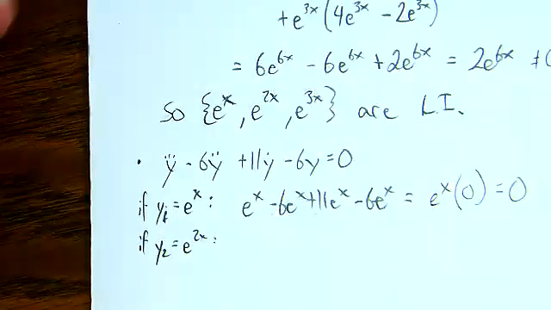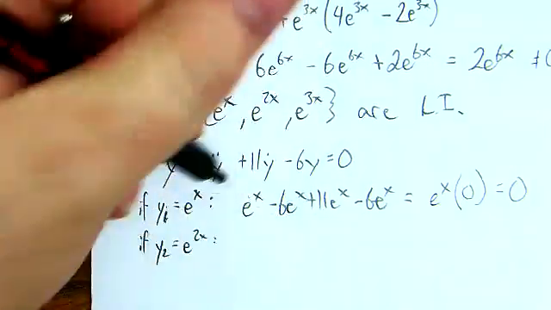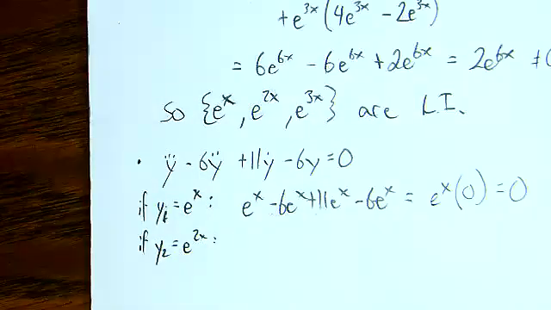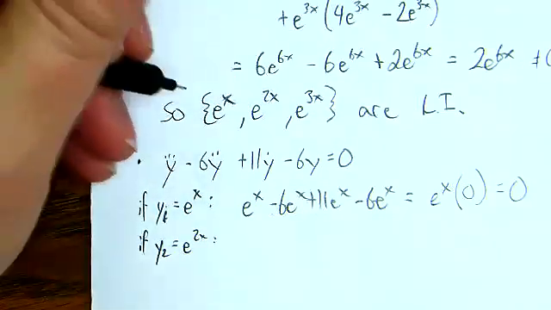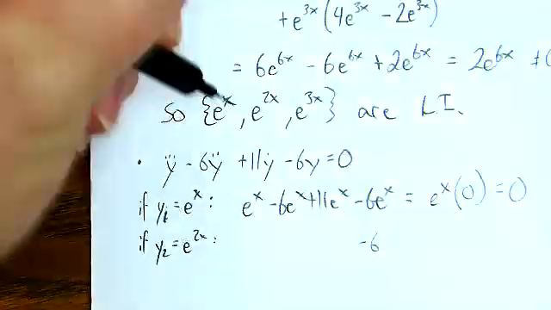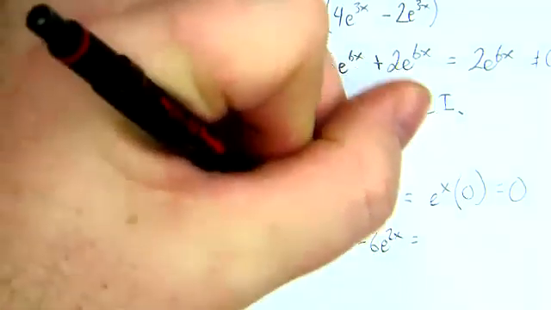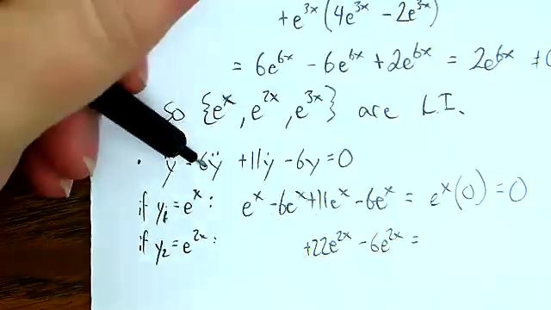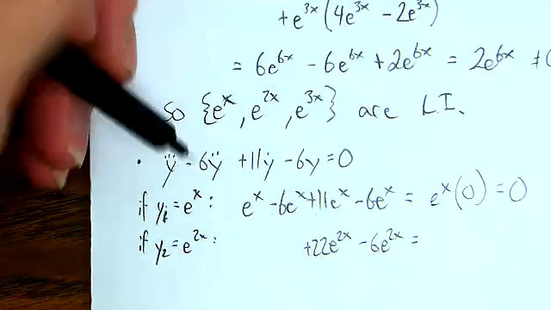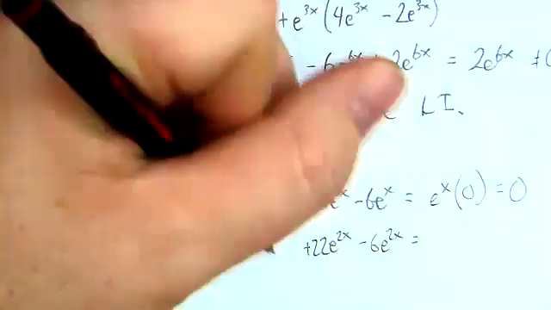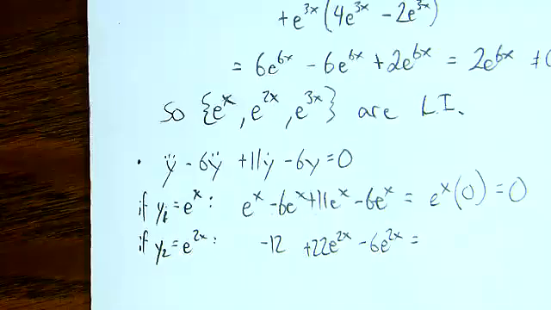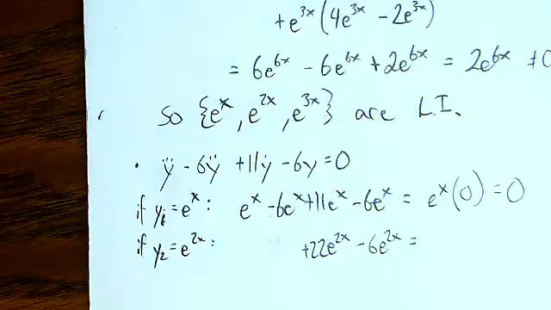Checking y2, e to the 2x. We have the third derivative. The first derivative is 2e to the 2x. 2 times 11 is 22. The second derivative is 4e to the 2x. 4 times 6 is 12. Nope, that's not true. 4 times 6 is 24.